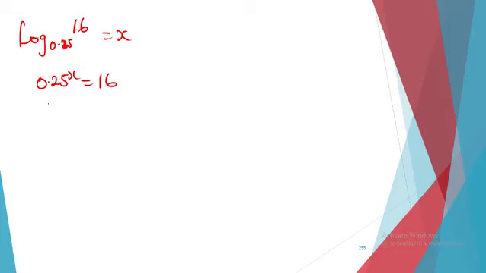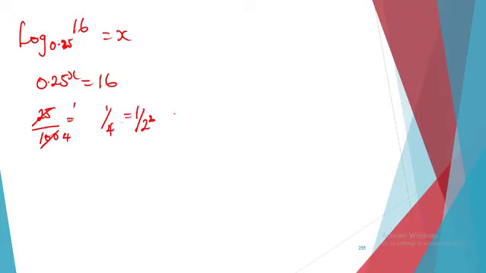But remember that 0.25 is the same thing as 25 divided by 100. Is that correct? And that will give us 25 into itself is 1, 25 into 100 is 4. That will give us 1 over 4. And 1 over 4 is the same as 1 over 2 raised to power 2.